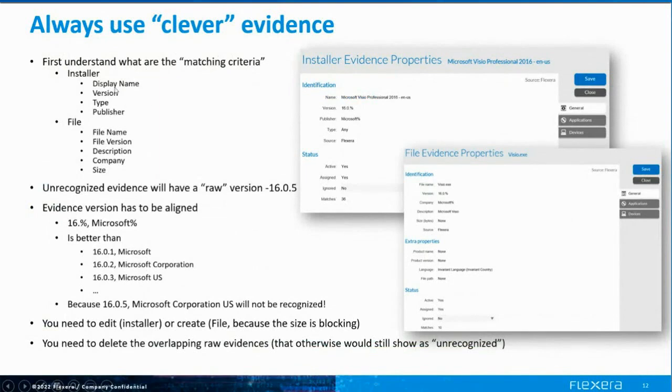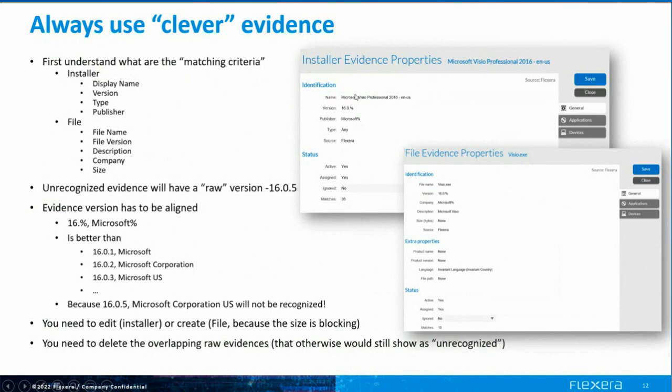We match and recognize the application based on a number of attributes. For an inside evidence, the display name, the version, the type of evidence, and you could put any, which means you don't want to filter, and the publisher will be the criteria used to recognize the application. Then, for the file evidence, we will use the file name, the file version, the description, the company, and the size, which is a pain because very often you don't want to use the size.